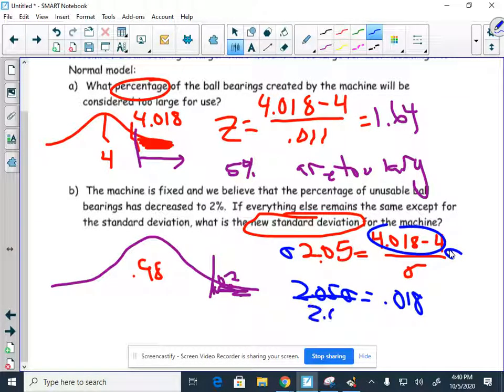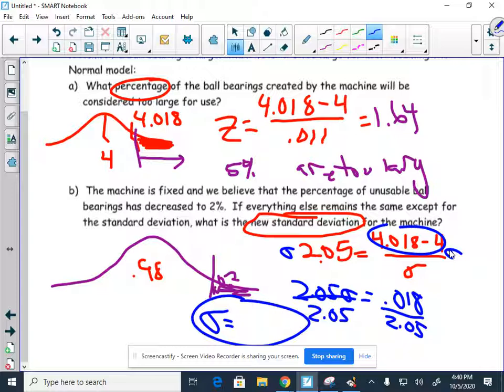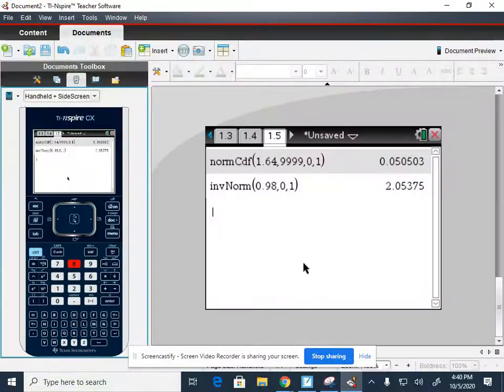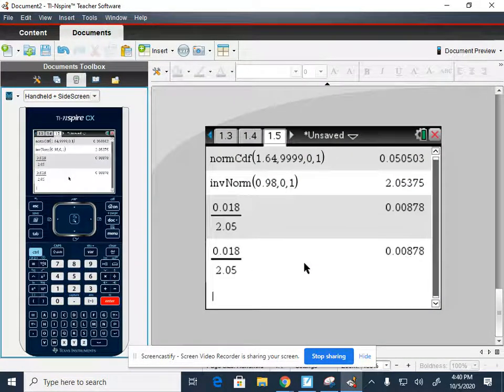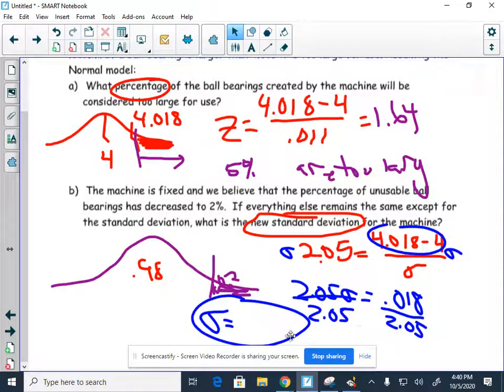So I'm going to divide by 2.05, taking the difference there, 0.018, divided by 2.05. And my new standard deviation is 0.009.